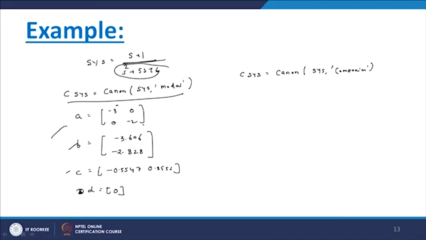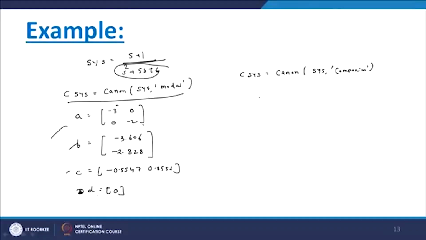If you use this command, you will get the result again in terms of ABCD matrices. Here we get the A matrix as 0 -6, 1 -5, B matrix as 1 0, C matrix as 1 -4 and D matrix as 0.